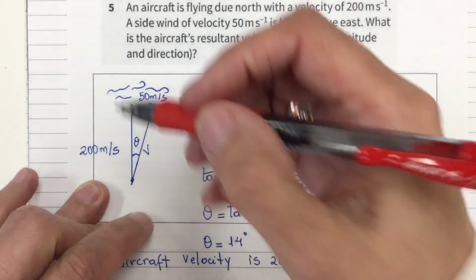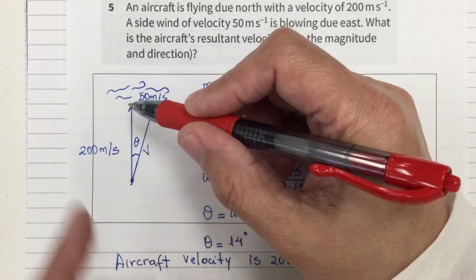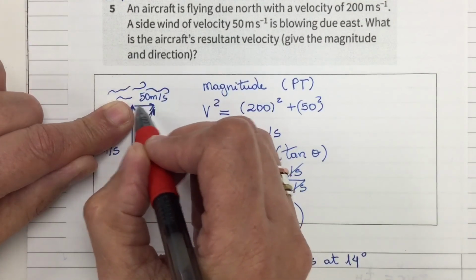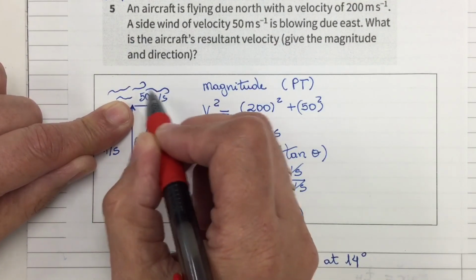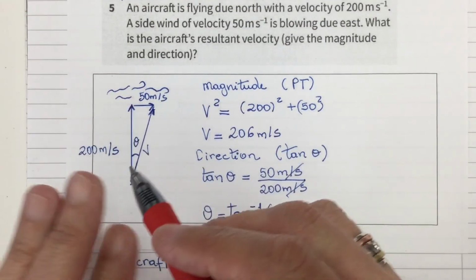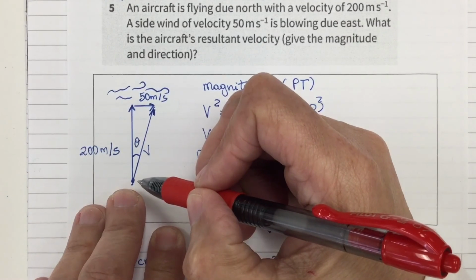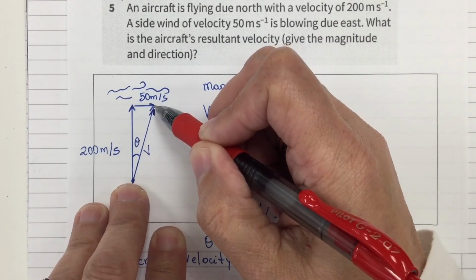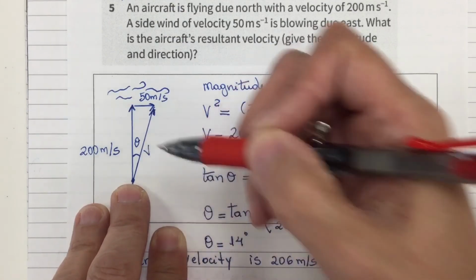I'm using vectors here, representing this velocity going north as a vector, and the velocity going east in this direction. The resultant velocity is from the tail of this vector to the tip of the other vector. So this is the resultant that we need to calculate.